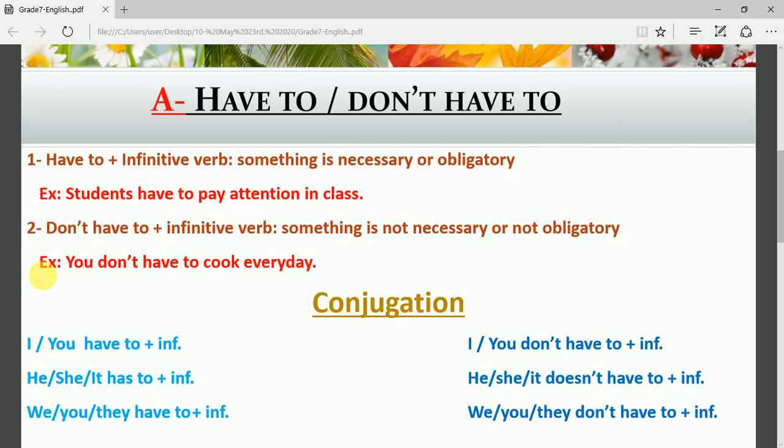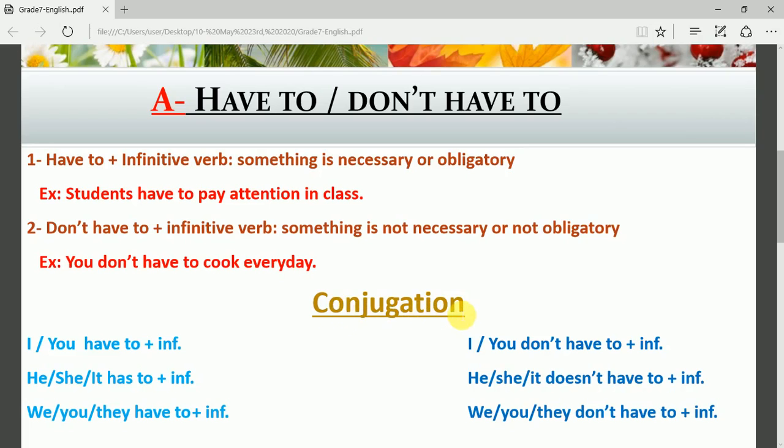For example, you don't have to cook every day, which means it is absolutely not necessary for you to cook every day. So you say you don't have to plus infinitive. Okay, so this is the difference between have to and don't have to.